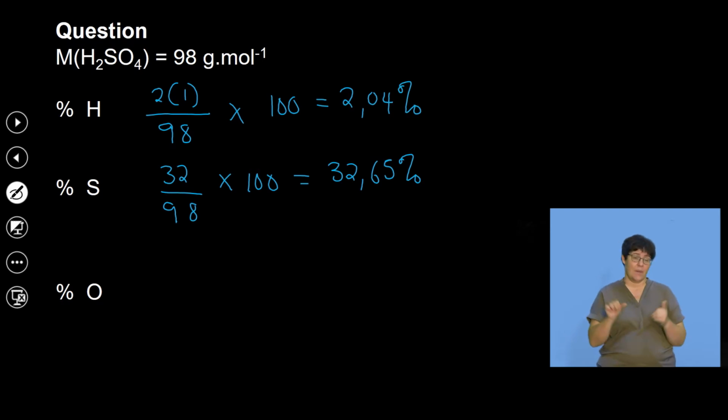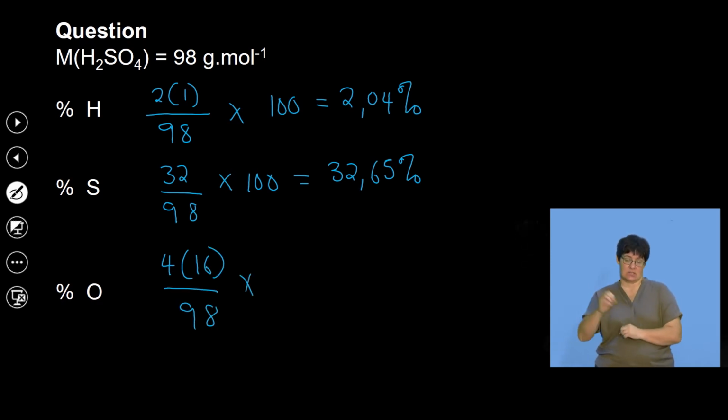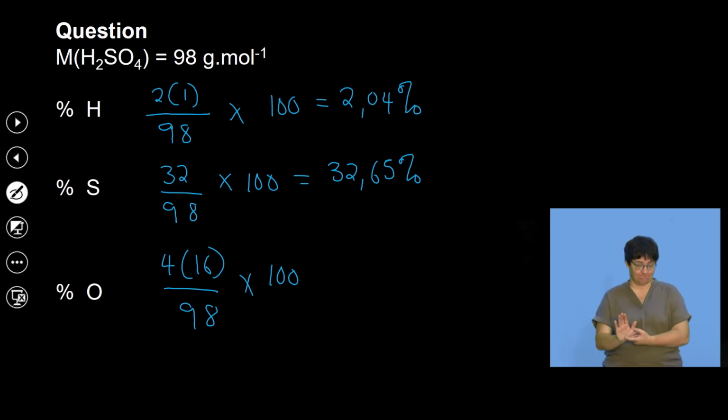Now, if we go back, oxygen, we said 4 of them multiplied by the mass of each one, which is 4 multiplied by 16 over 98. We multiply that by 100 because we want to express the mass of oxygen as a percentage.